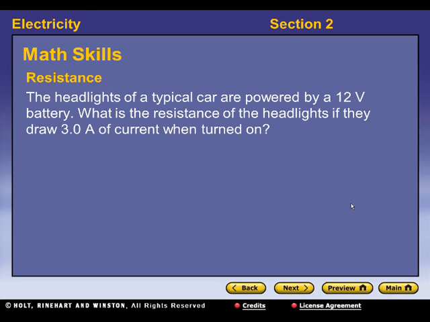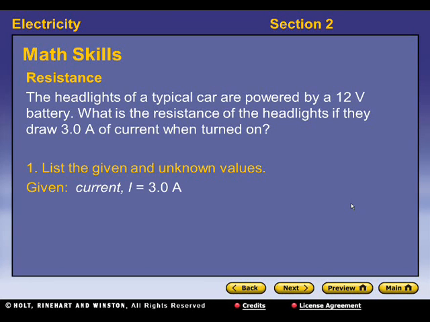So, some math skills here. The headlights of a typical car are powered by a 12 volt battery. What is the resistance of the headlights if they draw 3 amps of current when turned on? So we list the given and unknown values. Given, we have that the current is 3 amps.